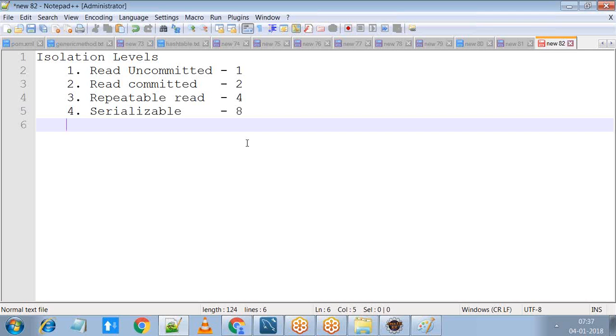You will find that a reading transaction or writing transaction, both, will have exclusive read and write locks, I can say.